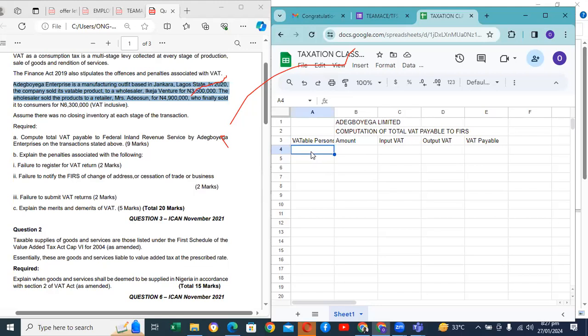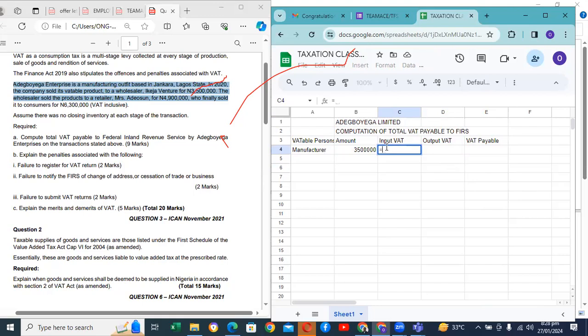The manufacturer sold its valuable product to the wholesaler. How much did he sell? 3.5 million. That's fine. The input VAT, don't forget, we said the rate of VAT is 7.5%.